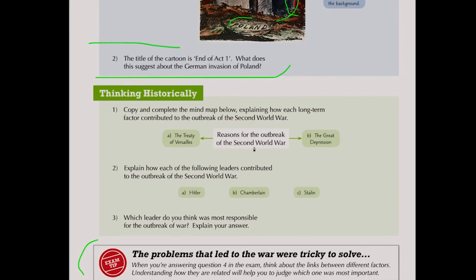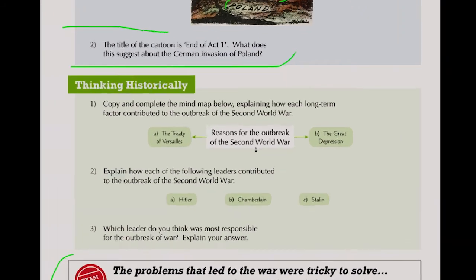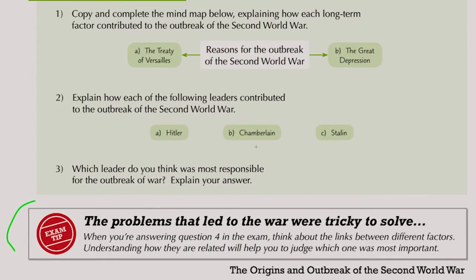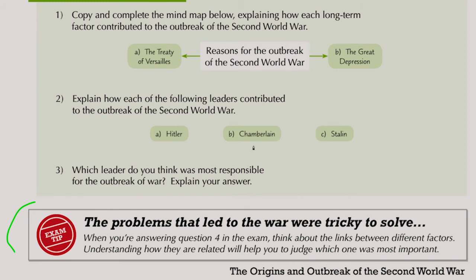Of course, question 4 is about the exam. Yeah, what we are doing here is just a sample, it's not the real exam, but in the exam you're gonna have that. Okay, so think carefully about that and how they're related, okay, that will help you judge which one was most important.